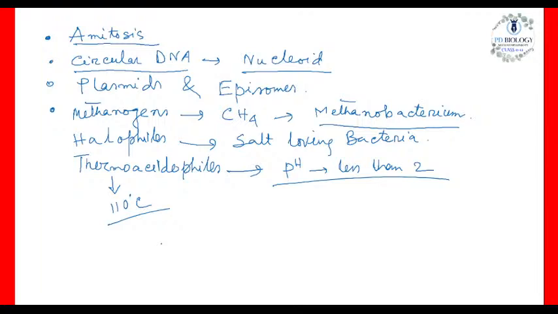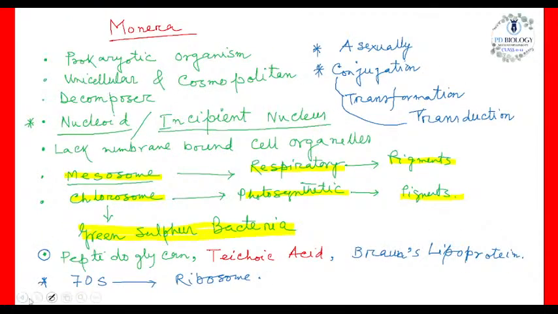So these are the prime characteristics of Monera. Everybody keep in mind the important characteristics of Monera. The prokaryotic organism, unicellular and cosmopolitan, they are decomposers, lack true nucleus, incipient nucleus, lack membrane-bound cell organelles, mesosome and chlorosome, peptidoglycan, teichoic acid and Braun's lipoprotein, 70S type of ribosome.